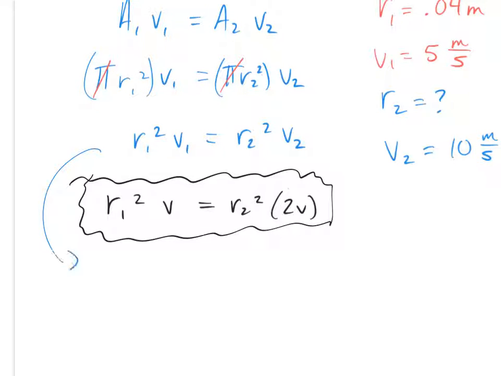If I continue this line here, I can plug in knowing R1 was 0.04. V1 was 5. R2 is unknown. And V2 is 10. And then we can solve this for R2.